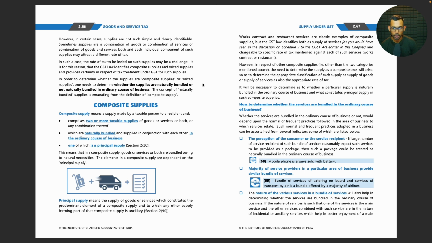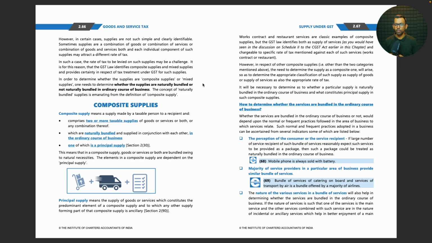Section 2, clause 90. Works contract and restaurant services are classic examples of composite supplies, but the GST law identifies both as supply of services and applies both of them as supply of services and chargeable to specific rate of tax mentioned against each of such services.